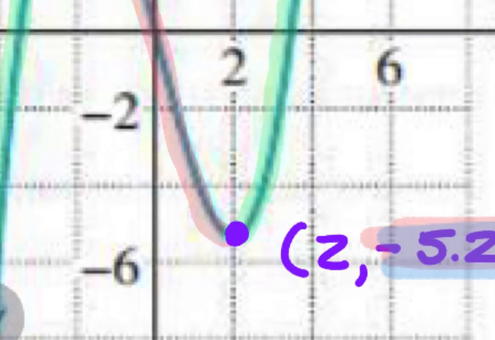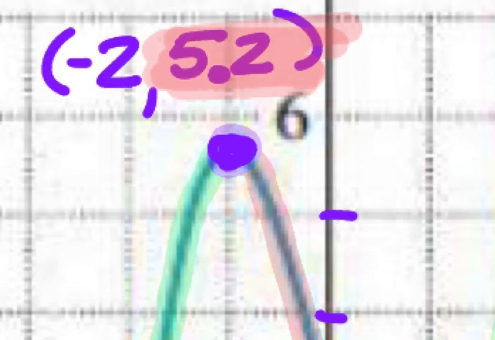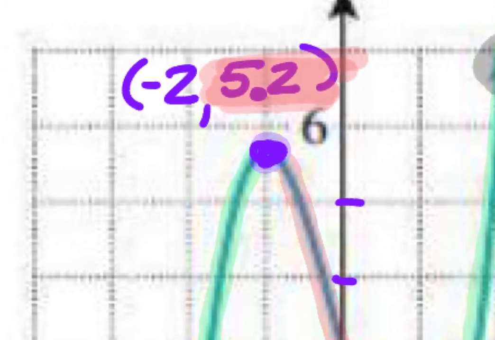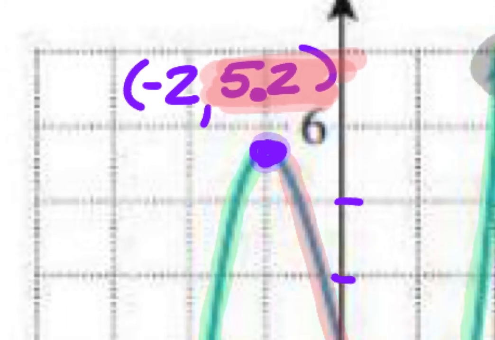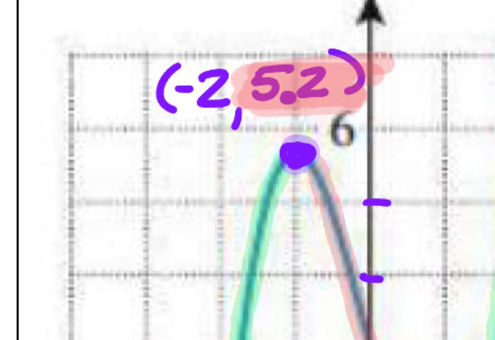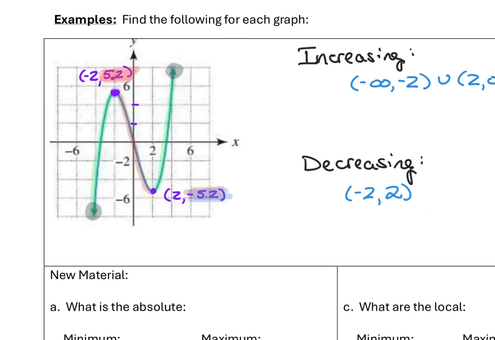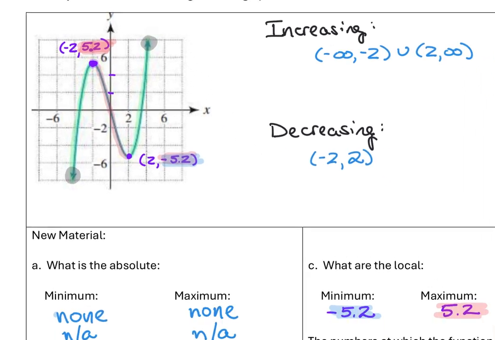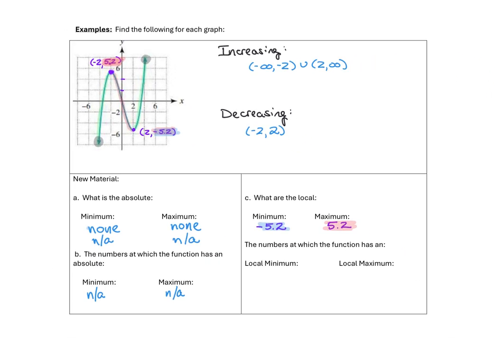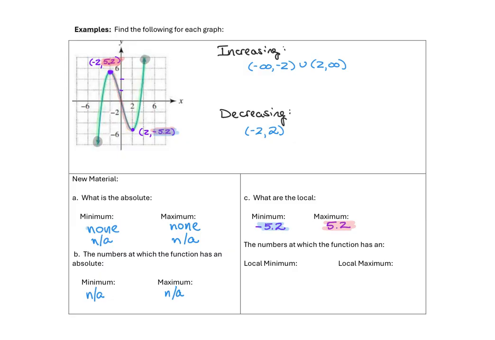If I zoom in right here, I don't see anything else in the area, so this is my local minimum. Same thing if we zoom in over here, I don't see anything else, and so in this area it is the local maximum. All right, so that is what the local minimum and local maximum are.